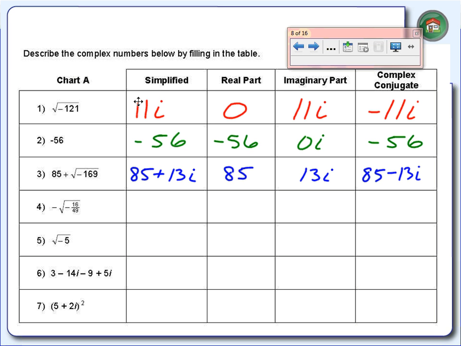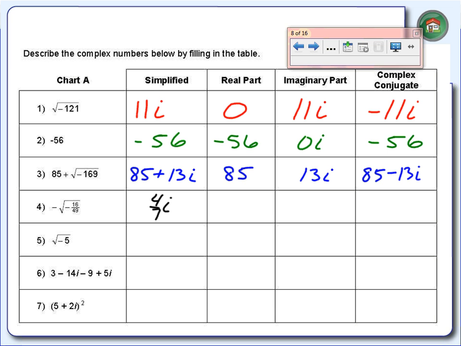Again, we're ignoring that first negative sign. Let me ask it another way, guys. I know what the negative sign inside the square root is going to do. It's going to give me an i. I know that much. So the next question is, what's the square root of 16 over 49? You can put that in your calculator. 4 over 7.